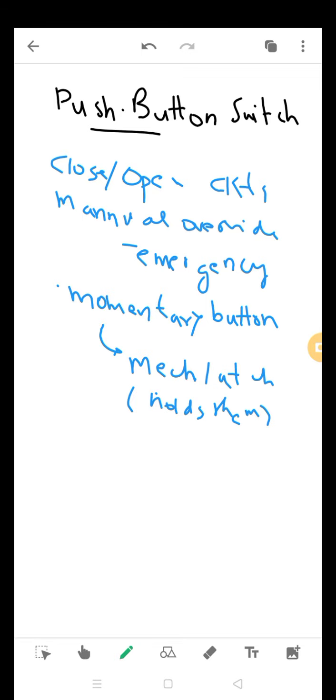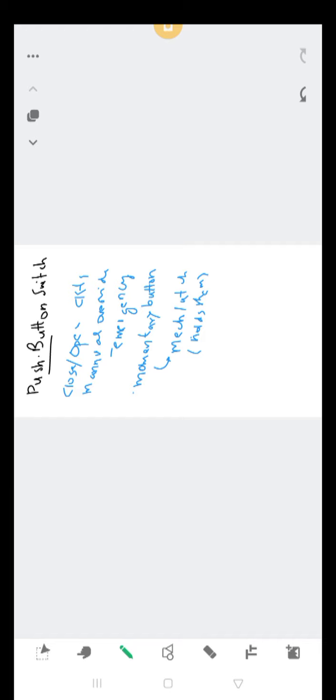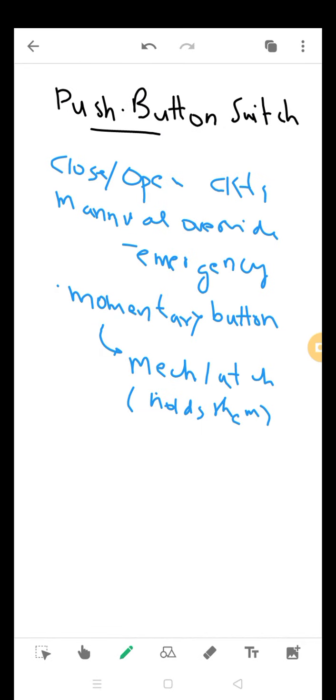Now the contacts of a push button, there are basically 3 contacts.